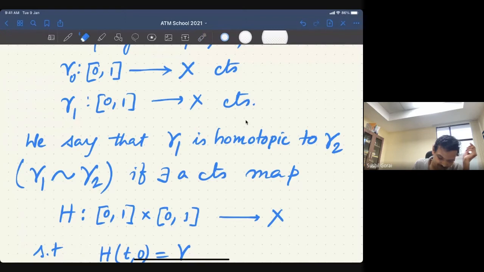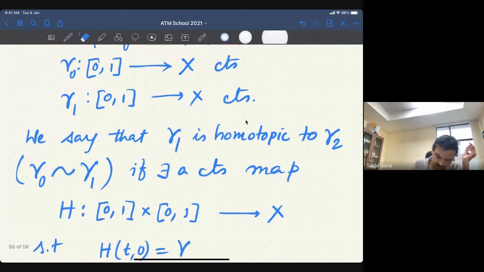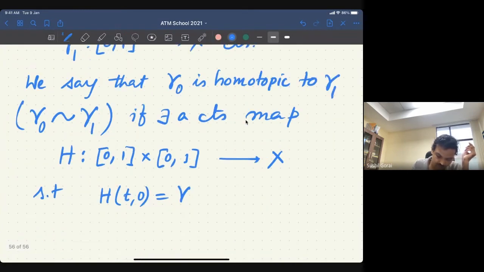So call this 0 and 1. So this is gamma 0 t. So when the second one is 0, you get gamma 0. So here is the picture.